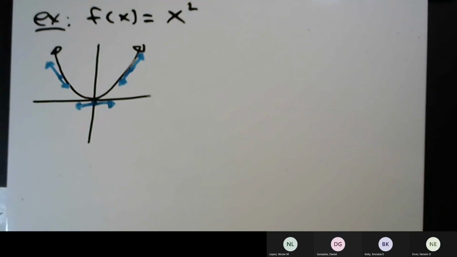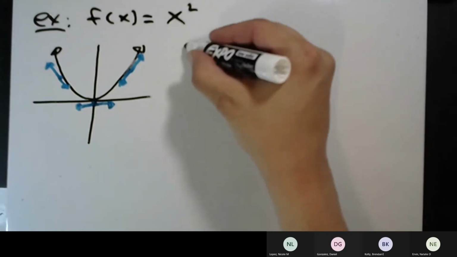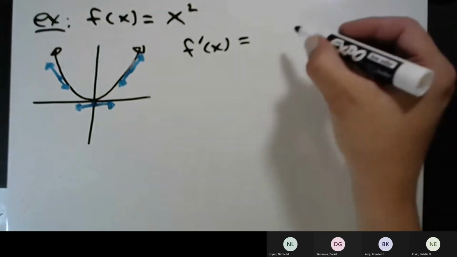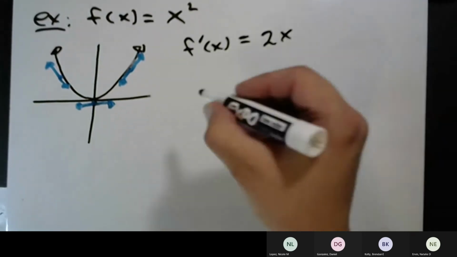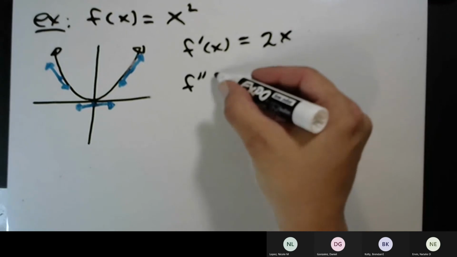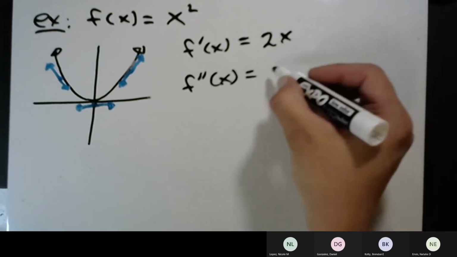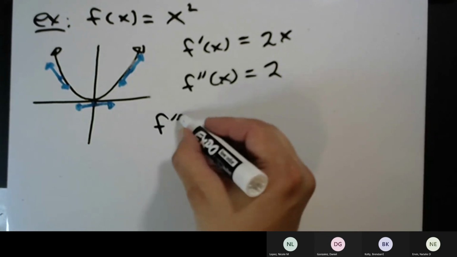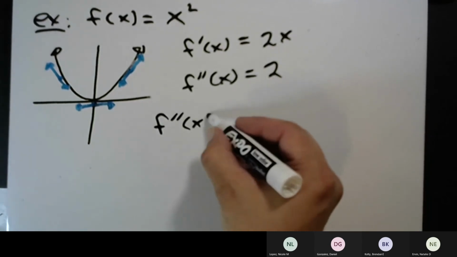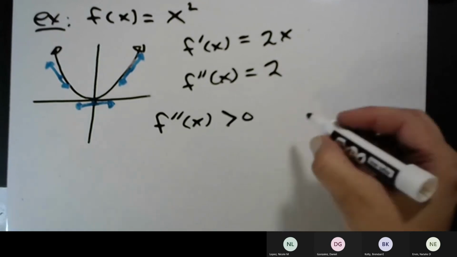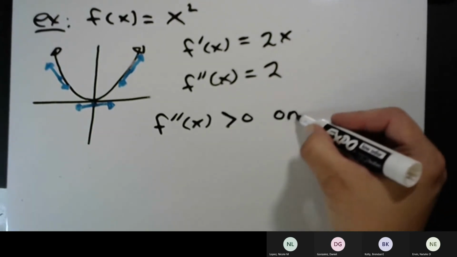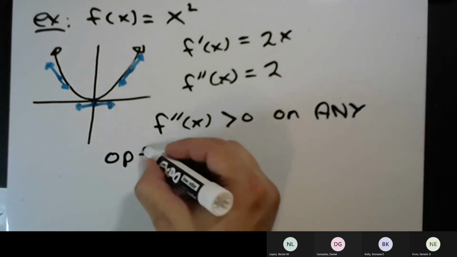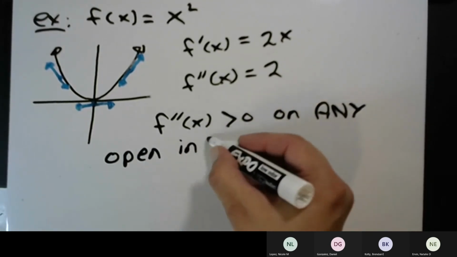So if we take the derivative of this, f prime of x is going to be 2x. And then f double prime of x is equal to 2. What we get is that f double prime of x, since it's positive 2, it's greater than 0, really on any open interval.